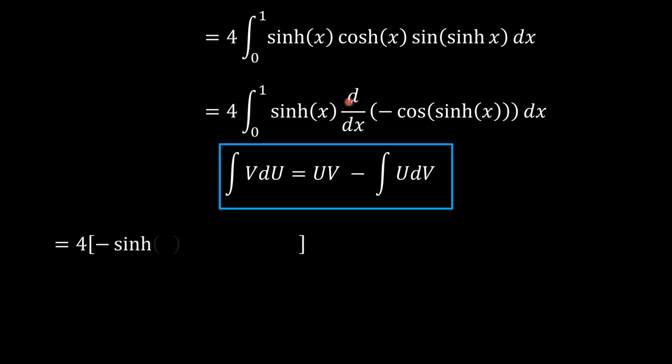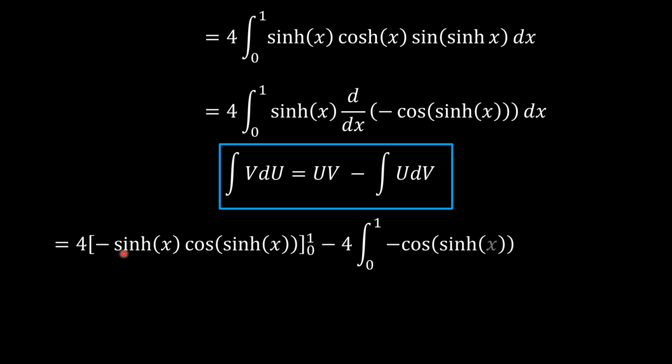So that becomes now our v is hyperbolic sine of x, our u is negative cosine of hyperbolic sine of x, so that multiplied together we have negative hyperbolic sine of x times cosine of hyperbolic sine of x with the limits applied appropriately, minus keeping the constant for here, the integral from x equals 0 to 1 of our u, negative cosine hyperbolic sine of x, times the derivative of hyperbolic sine of x.